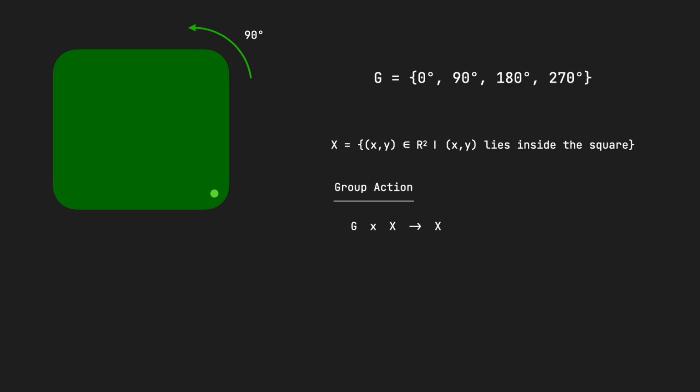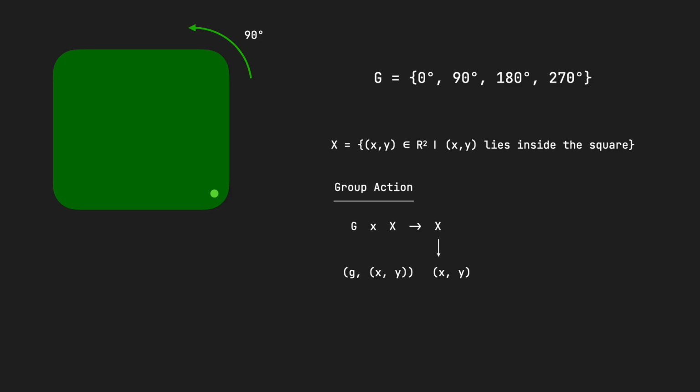This is a function on the Cartesian product, where I take an element from G, which is an angle, and I apply it to a point in X, so I'm rotating, and I get a new point. I'm doing that for all the points in this space to perform this group action. So I take G, and I take the point x, y in the space, and I get a new point when I apply this group action.